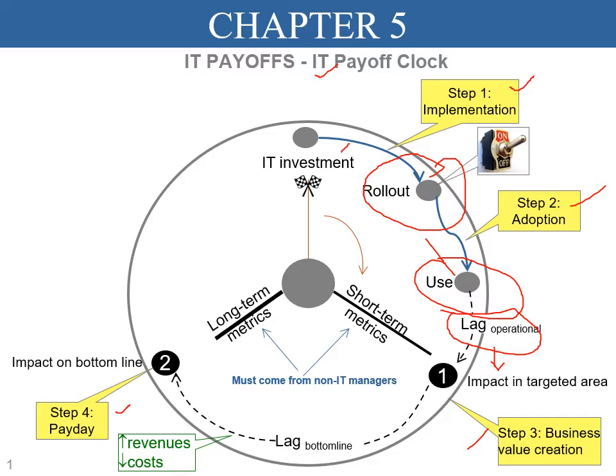So step 4 is the payday. The lower the cost and the higher the revenue your company achieves in a certain period, the faster your company can get the return on investment.